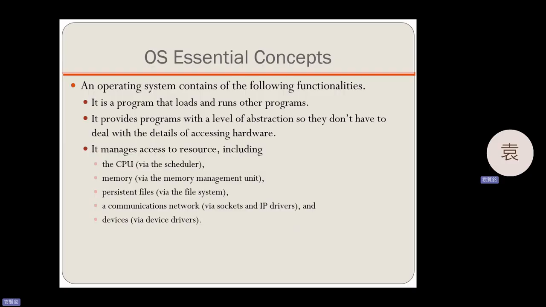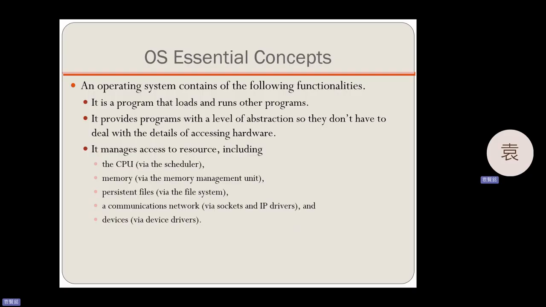And also the operating system provides an abstraction, so user applications do not need to access the physical resources directly, but go through the operating system services. These resources usually include CPU, memory, persistent files, and network, also other kinds of devices.